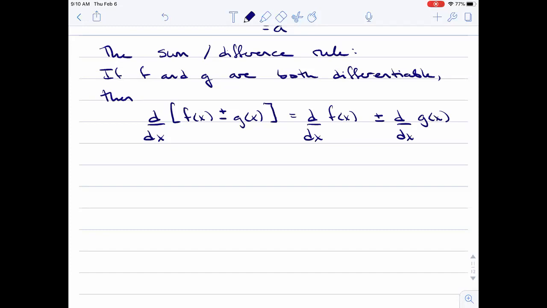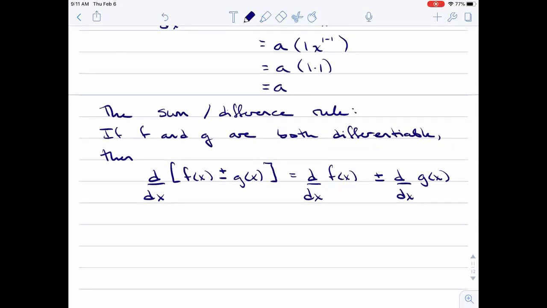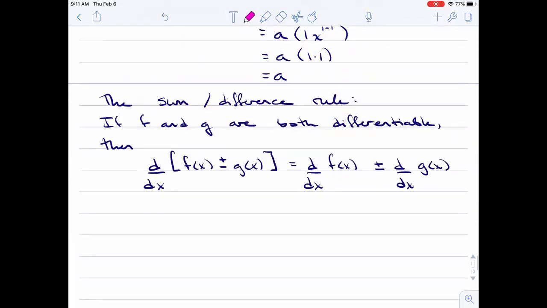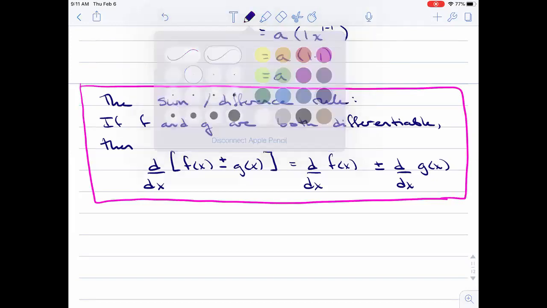That's only going to be the case for constants, for adding and subtracting. For multiplying and dividing functions, we have different rules, which we'll talk about next day. But this one is going to be important too.